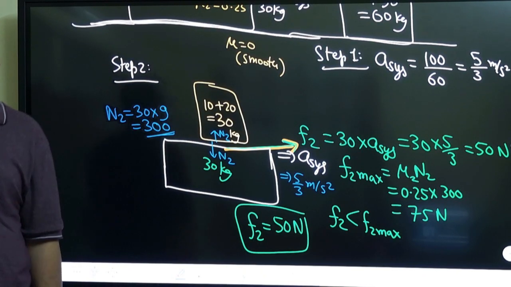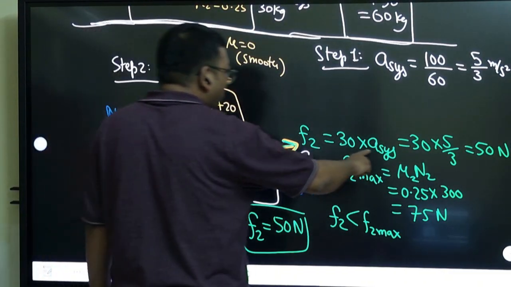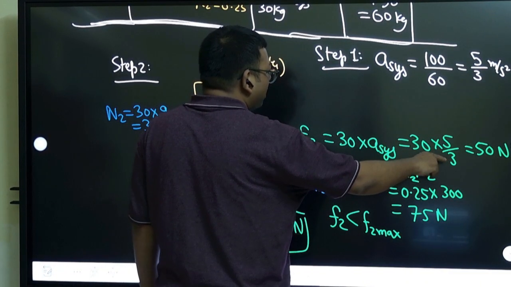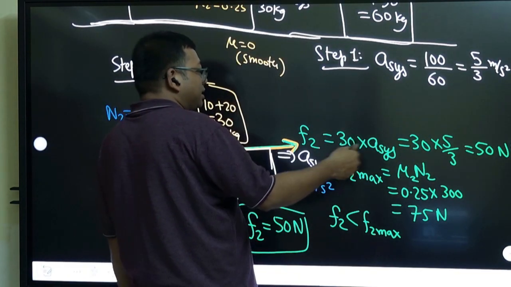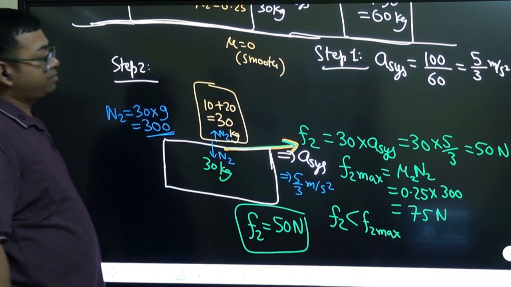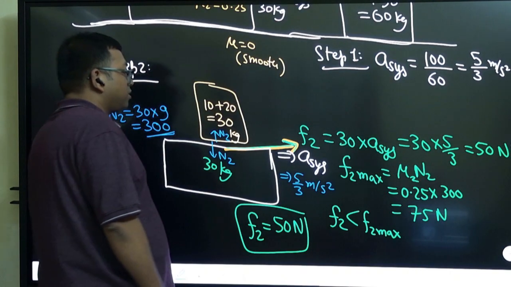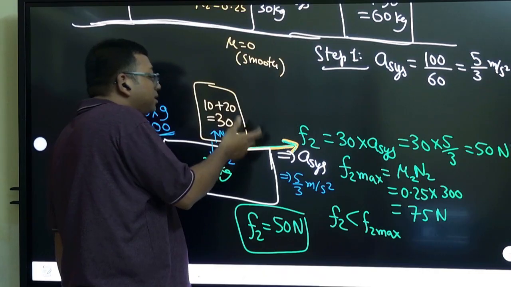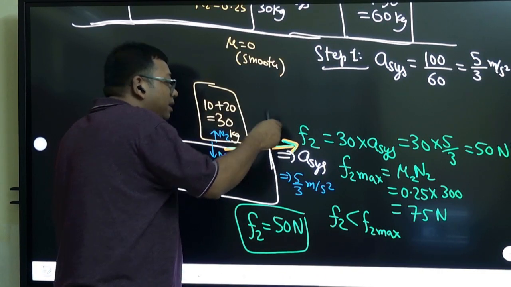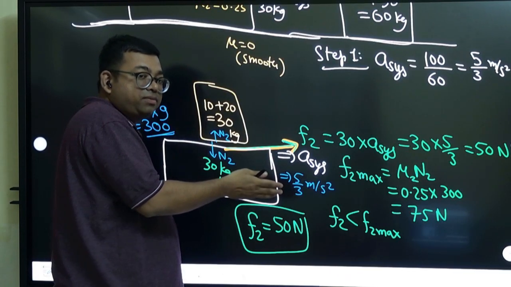Yes. What is your question? Because we calculated using this value only, and then we are saying it is less. It is satisfying the condition, so we have to choose that acceleration only. Otherwise, sliding motion will happen. Then if sliding happens, F2 will be the maximum friction. Maximum is kinetic friction.